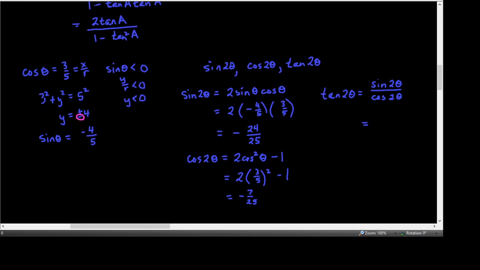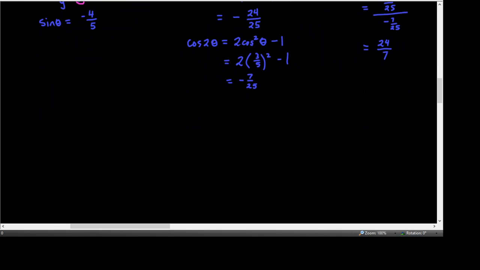Sine of 2 theta is negative 24/25, and that will be divided by cosine of 2 theta, which is negative 7/25, which simplifies to be positive 24/7. And that's that. All right.